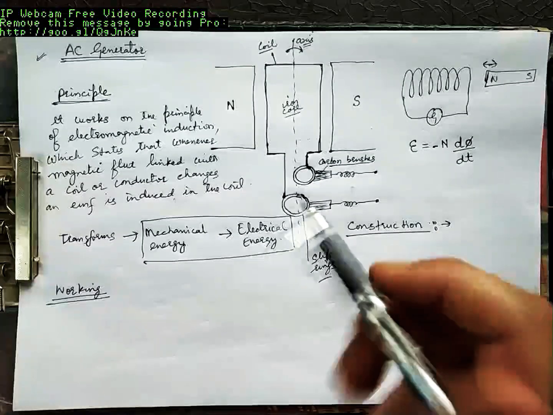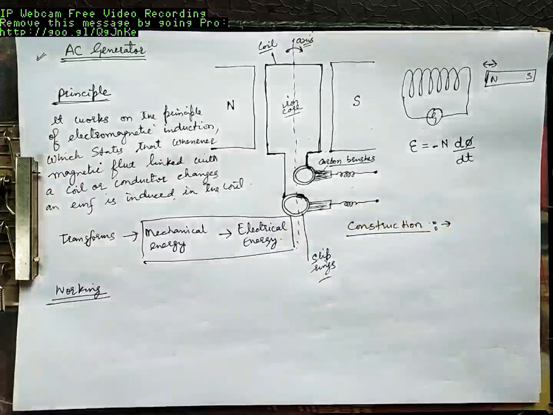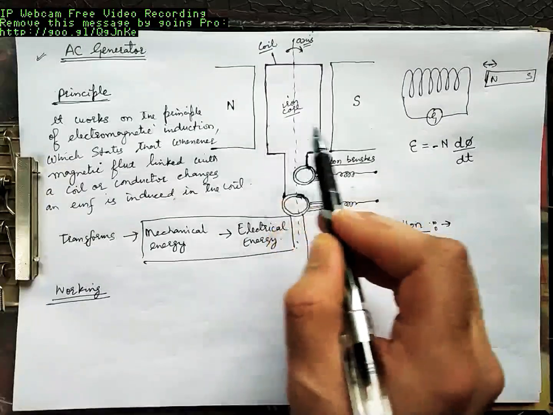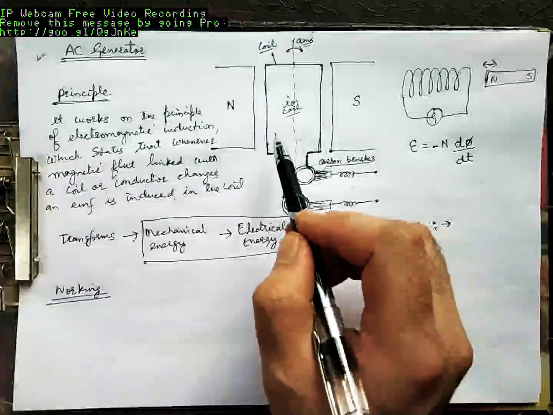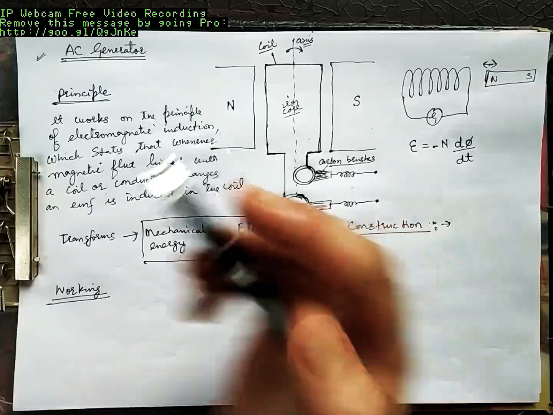Is it that there are people who are continuously rotating or turning this? No. In most of the cases, this coil is being rotated or turned by energy from the flowing water. Suppose water is flowing here.